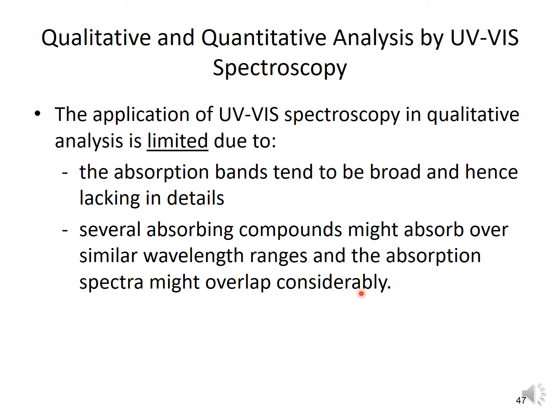So in UV spectroscopy, overlap of peaks is commonly found in your output. So we need to do some broad treatment of your sample before we can run it using ultraviolet-visible spectroscopy.